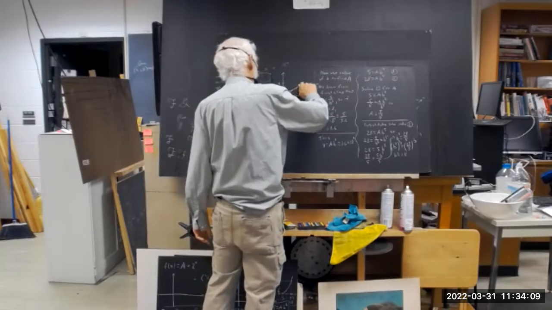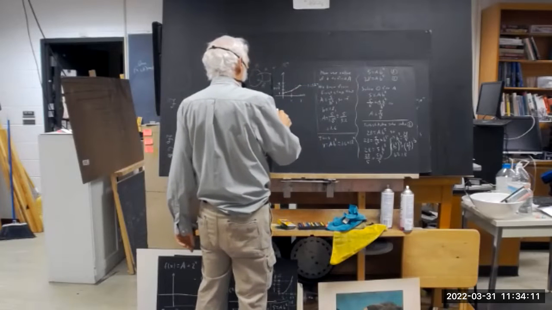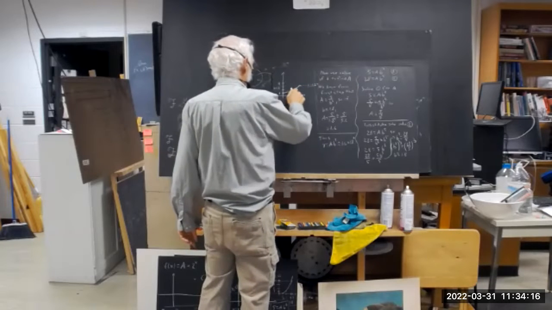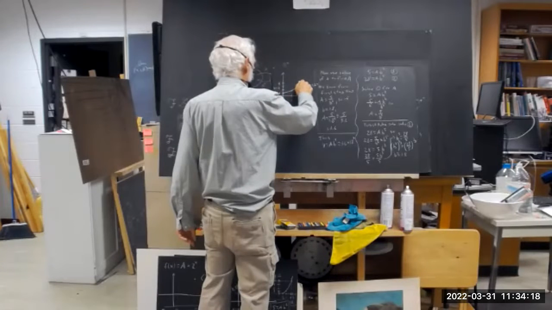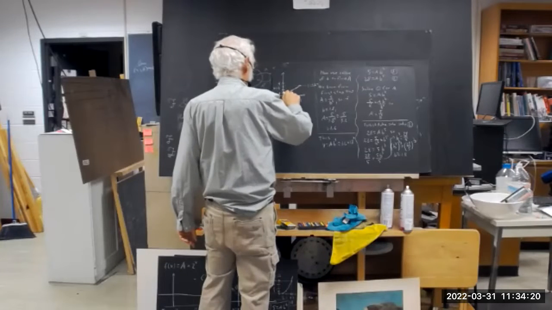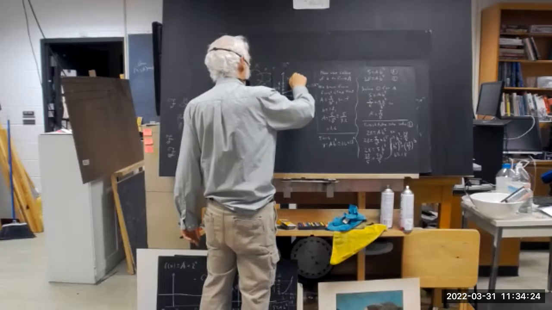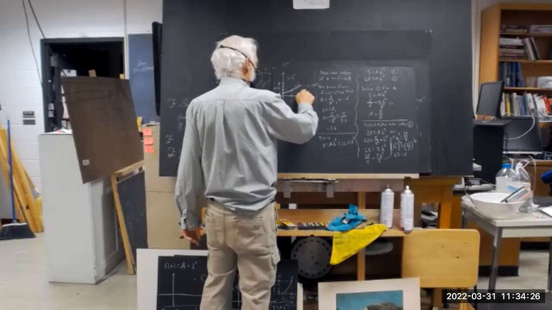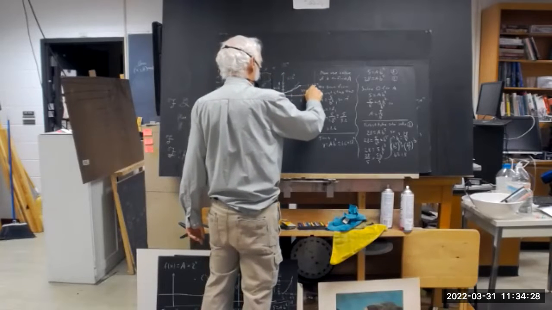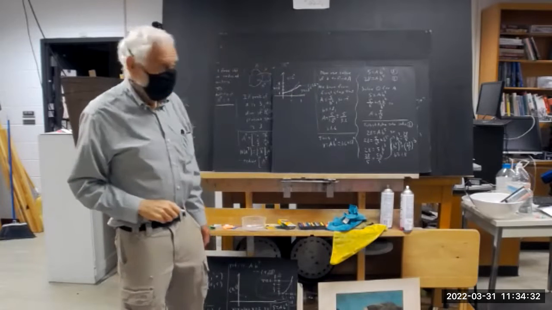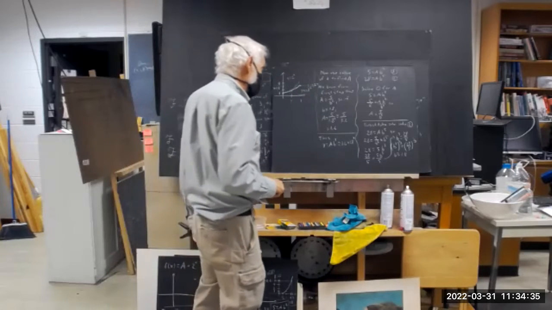So the graph is kind of looking like this, as opposed to the 2 to the x graph that would go through here and here. Worth understanding in terms of the graphs and so forth.